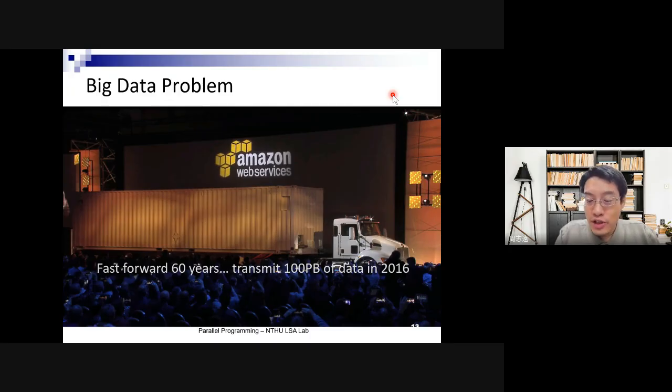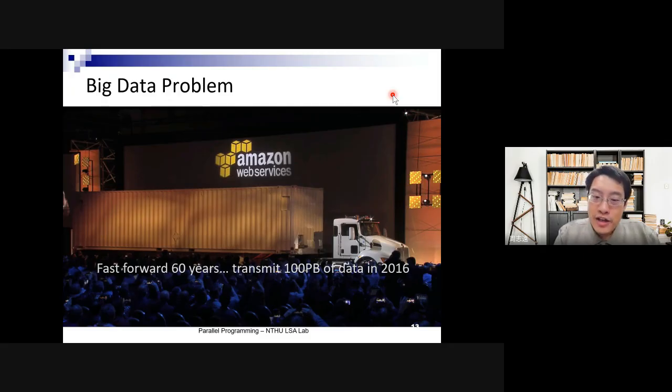Even though we have the internet and high-speed networks, if you reach the volume of 100 petabytes, the most efficient and most cost-effective way to transfer the data is by truck or by plane, like before.